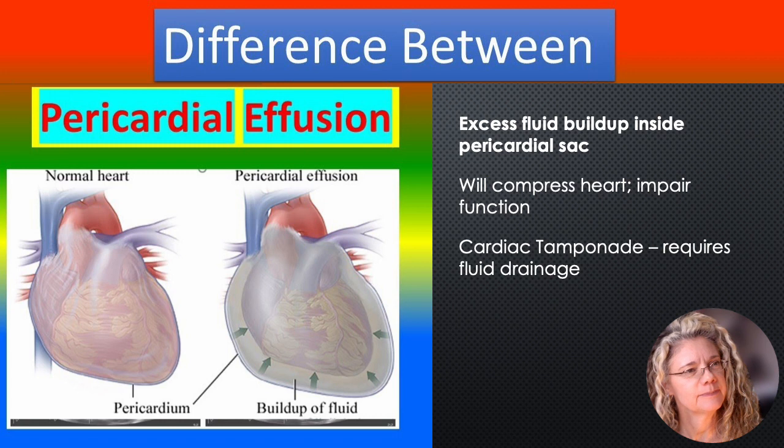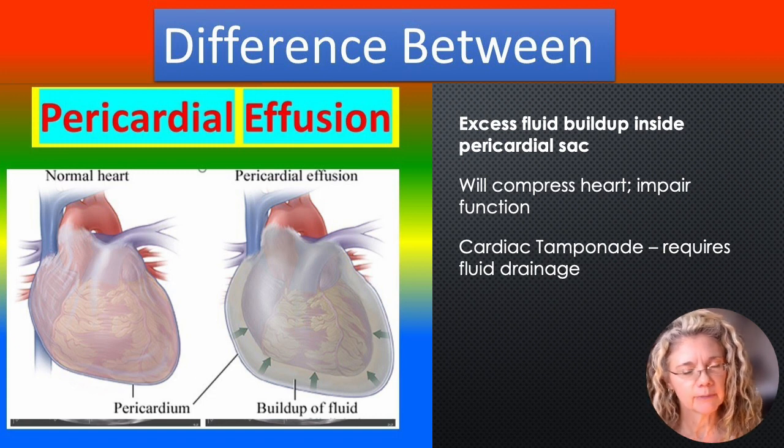All right. Now, if pericarditis progresses, sometimes we can get what we call pericardial effusion. So again, we have this heart, this beautiful, mobile, constantly moving organ enclosed in a fibrous sac.